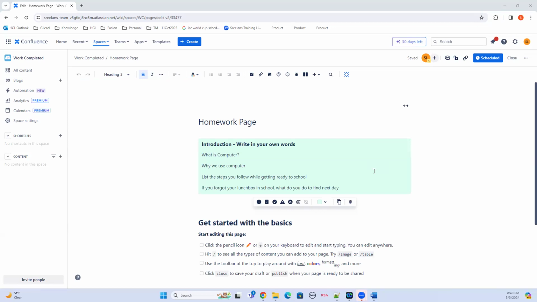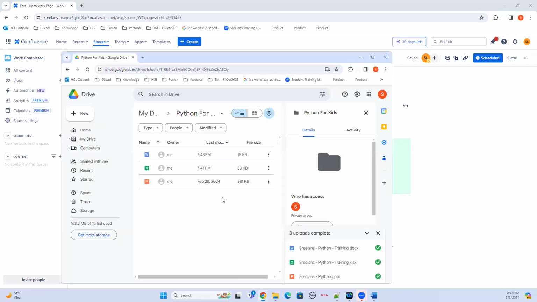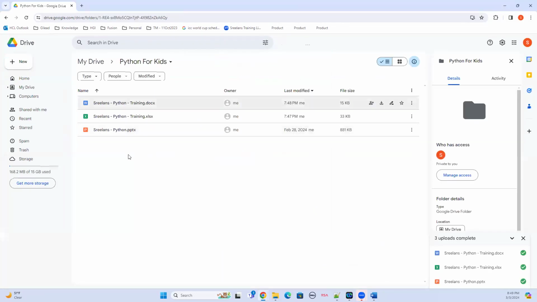And one more thing which we are going to have is a Google Drive. In this Google Drive, we will have the details, and we will make it a running document.